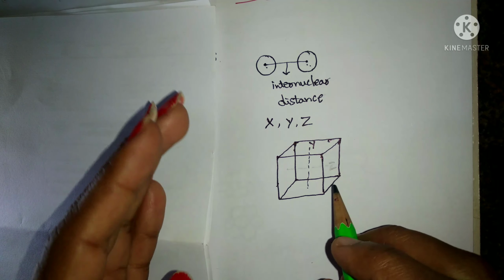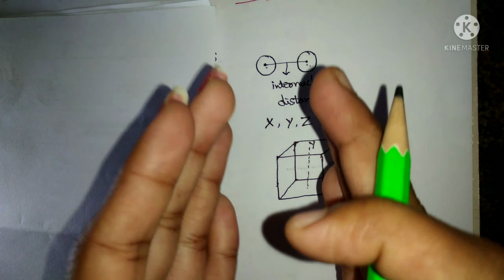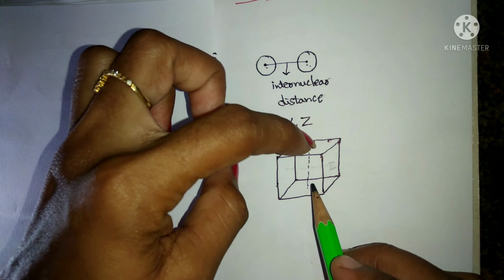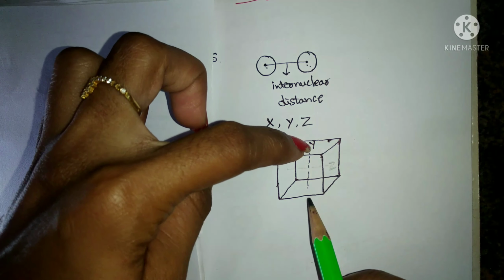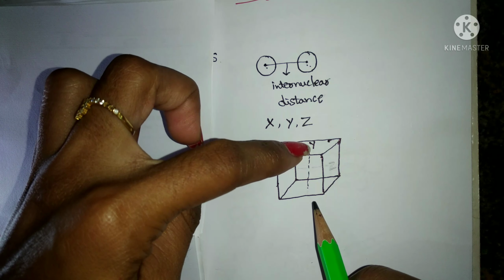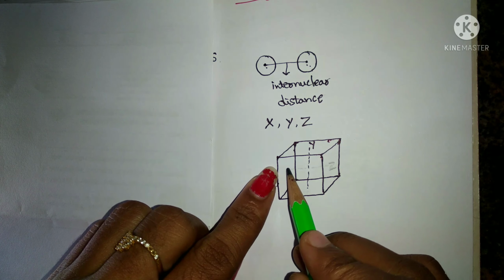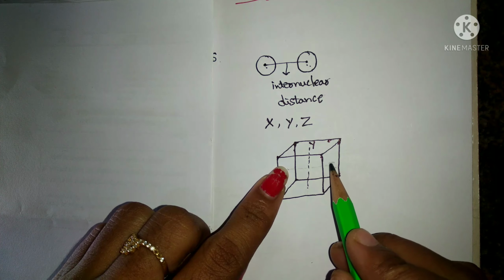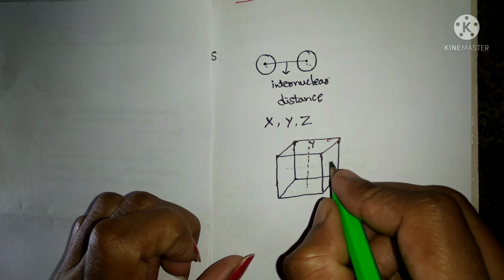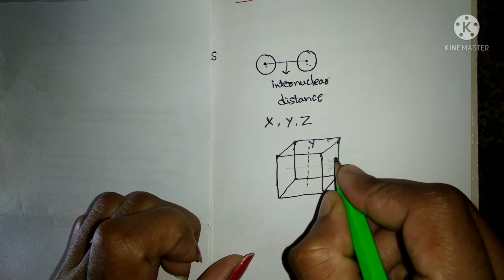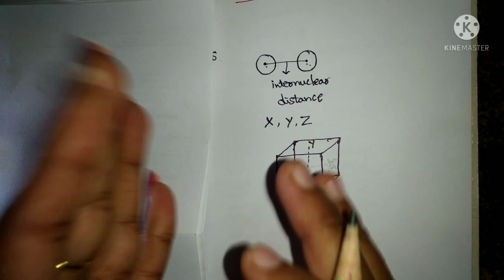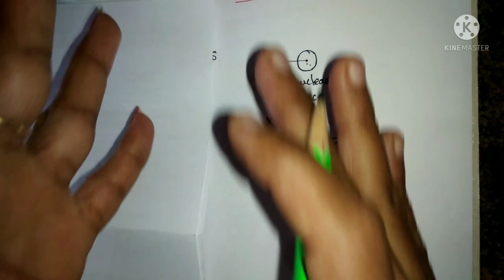I am taking the exact middle of the cube. From top middle to bottom middle I have taken the y axis, and from left side middle to right side middle I have taken the z axis. If you want, you can consider this the x axis also.